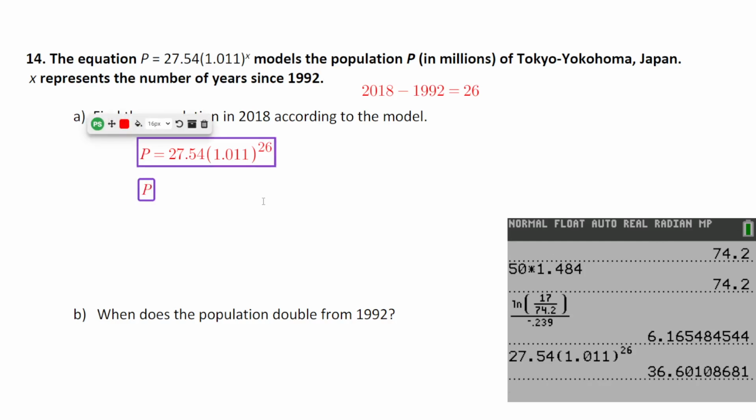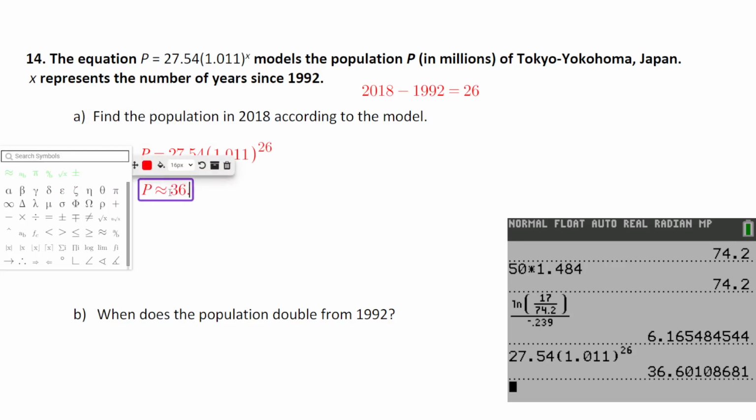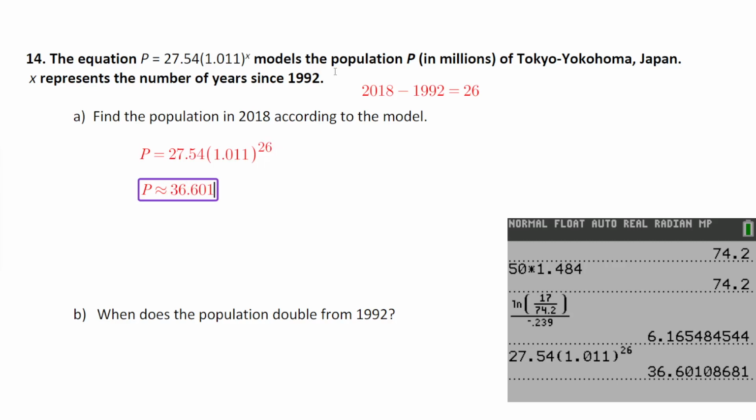now this is the p-value we're getting, so I'm going to write that first, but we need to interpret that in context, just like with all these word problems. I'm getting 36.601 as my approximate. So now this population is in millions. So I think we're better off just writing it.